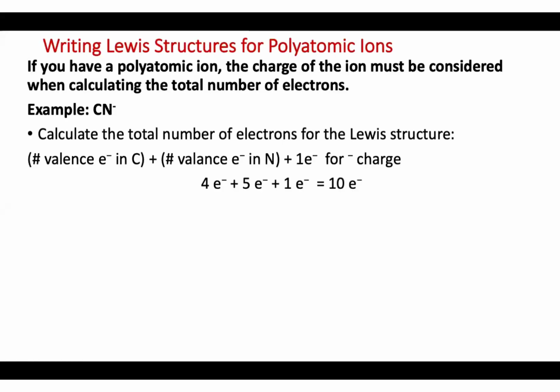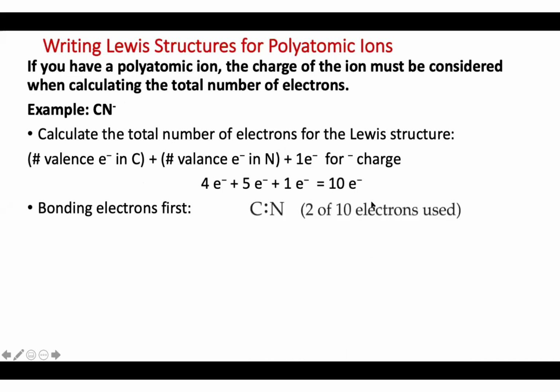For polyatomic ions, you do the same thing: calculate the total number of valence electrons. And if you have a negative charge, you add to the valence electrons. So that would be 10 valence electrons here.